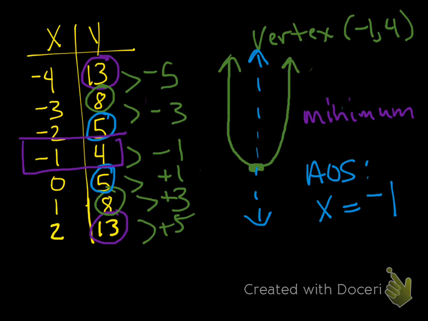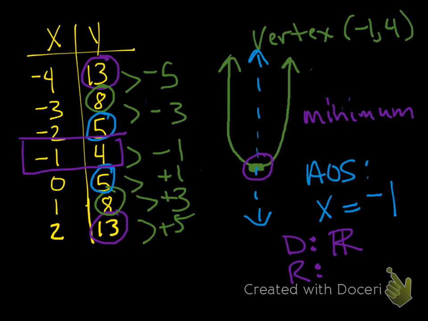It doesn't ask you in the paper for the domain and range, but remember, the domain of any parabola that goes up or down is going to be all real numbers. Then the range is going to be the same as your y value, because this is your minimum point.